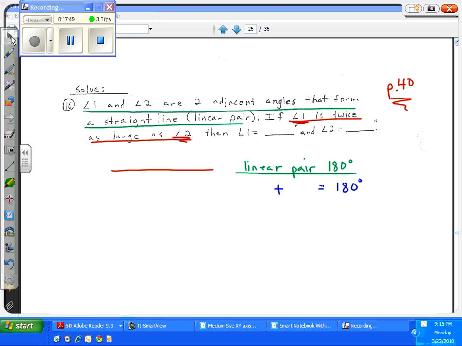And then we could have sentences containing words like total, which means add, or sum, or difference, or product, or quotient, things that mean add, subtract, multiply, or divide. So we would have identified in Algebra 1 class on page 40 that this is a comparison between two characters, and so we would put angle 1 is twice angle 2.